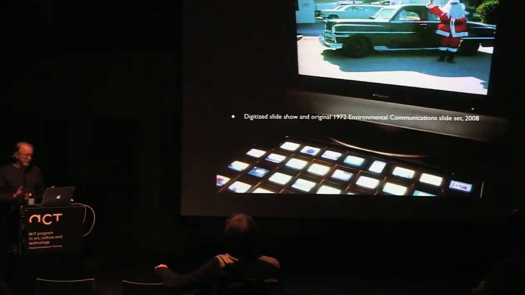And in 2008, then I had these slides digitized and made into a digital slideshow. So this is a piece that visits both that history and then presents it in a modernized form, technologically, let's say.